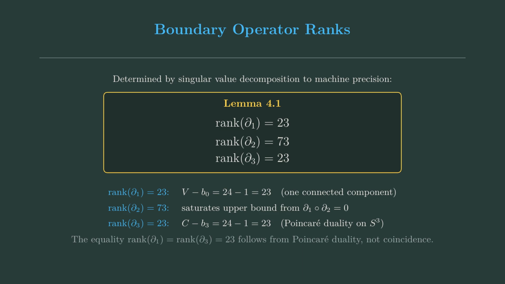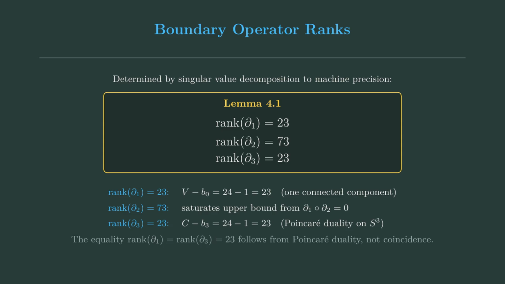The 3 ranks are 23, 73, and 23. Rank of delta 1 is 23, the 24 by 96 matrix connecting vertices to edges, with rank V minus b0 equals 24 minus 1 equals 23. Rank of delta 2 is 73, this saturates the upper bound forced by delta 1 composed with delta 2 equals 0.